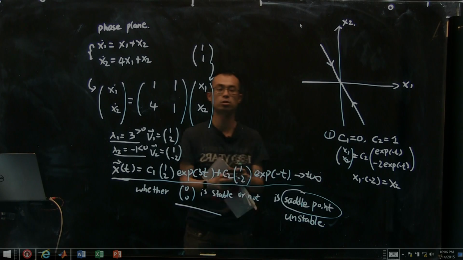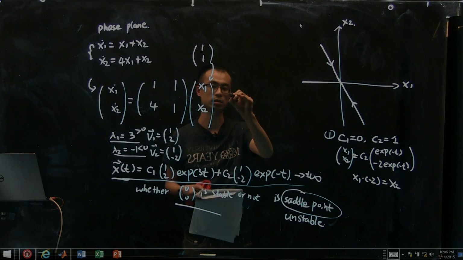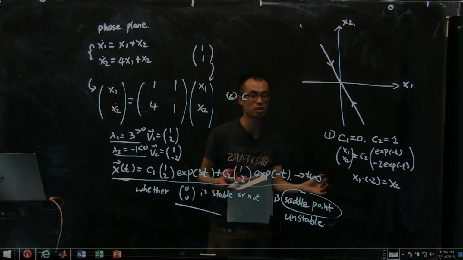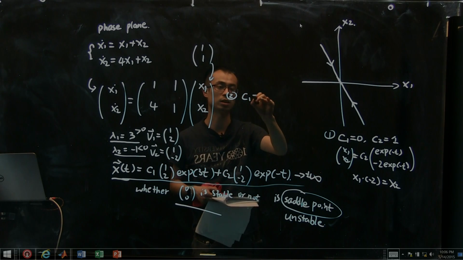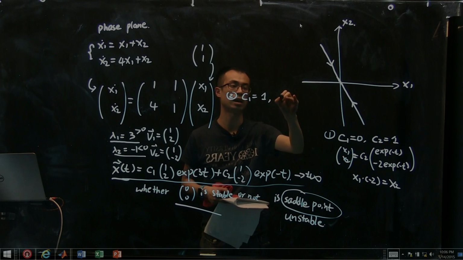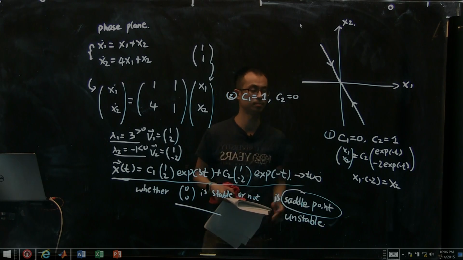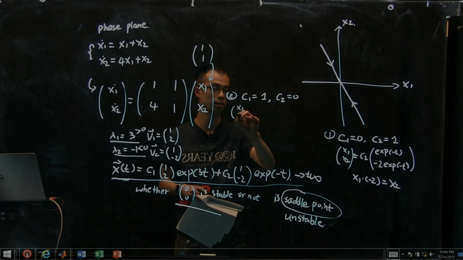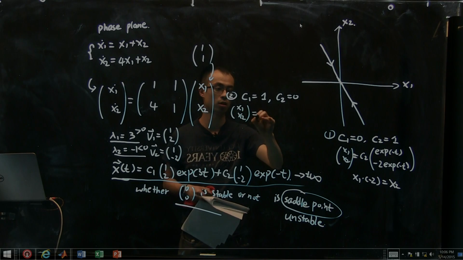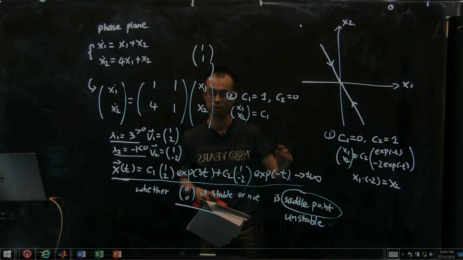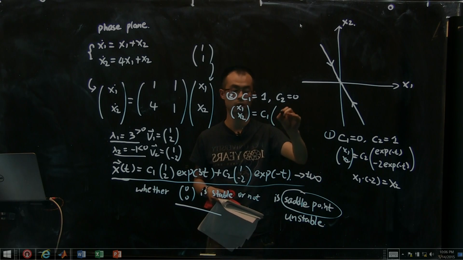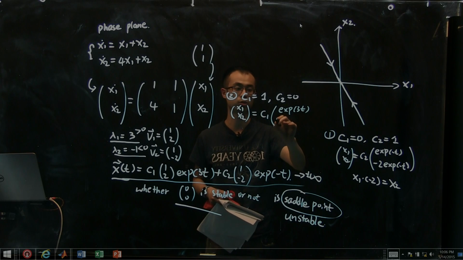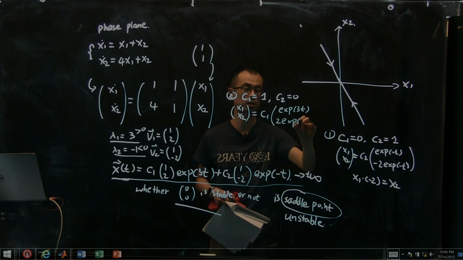All right, so let's take the second case, where let's say we find some initial conditions such that C1 equals 1 and C2 equals 0. And now in this case, our x1, x2 will become C1 times e^(3t) times (1, 2) e^(3t).